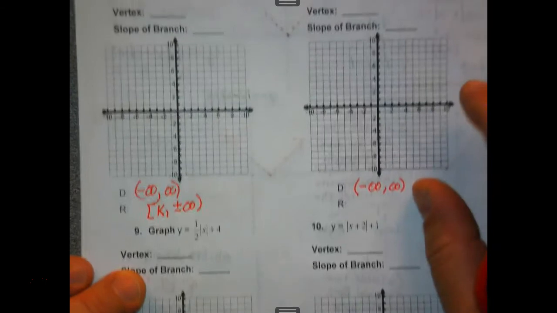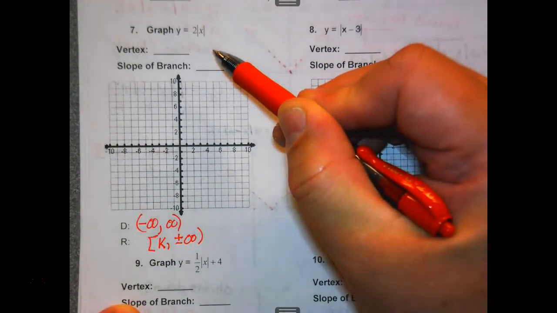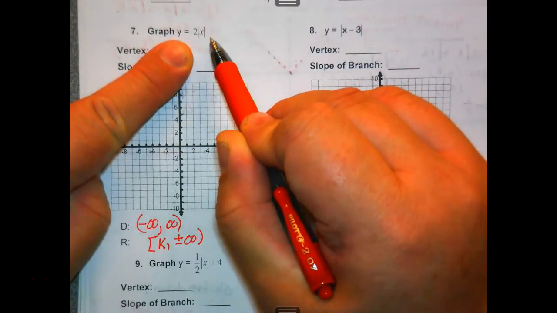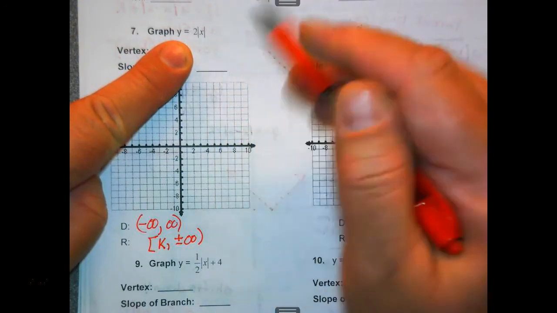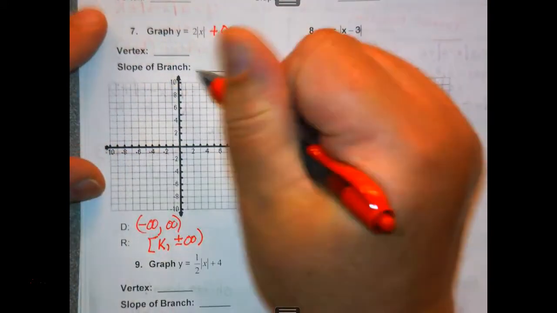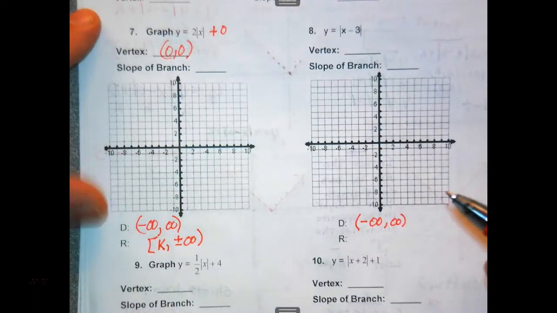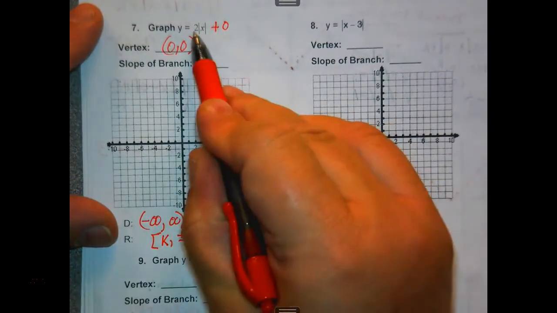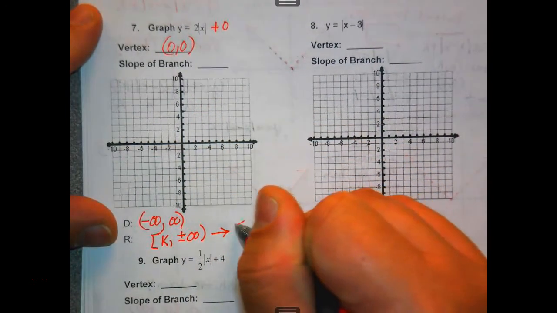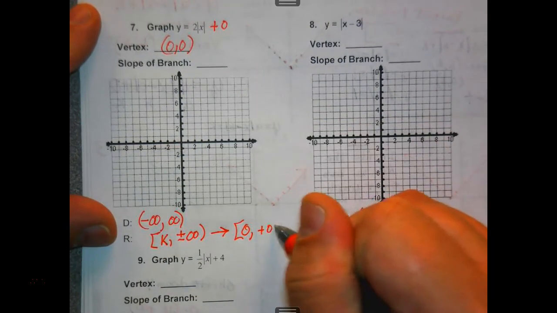So for this one, look at the equation. What's my K here? What's my K for y equals 2 absolute value of x? 0, you're adding 0. That's my K. Vertex is going to be 0, 0, because that's what you're subtracting inside. My A is positive, so my K is 0 and it's going to be positive infinity.